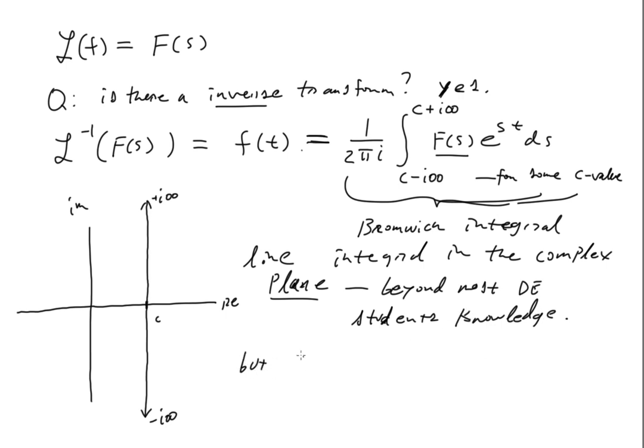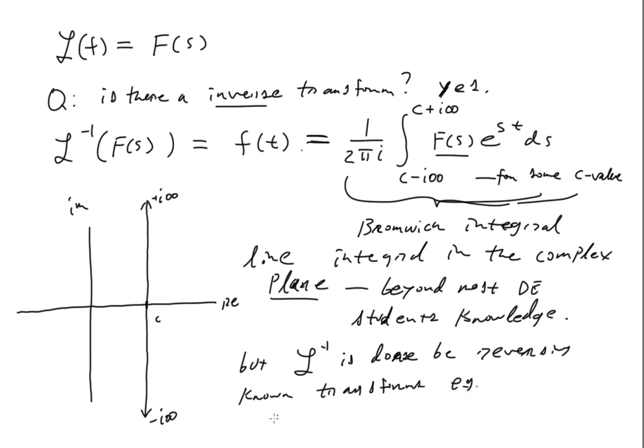But we can compute L inverse by essentially just reversing known transforms. So, for instance, if I had F of s equal to, let's say, 6 over s to the fourth.